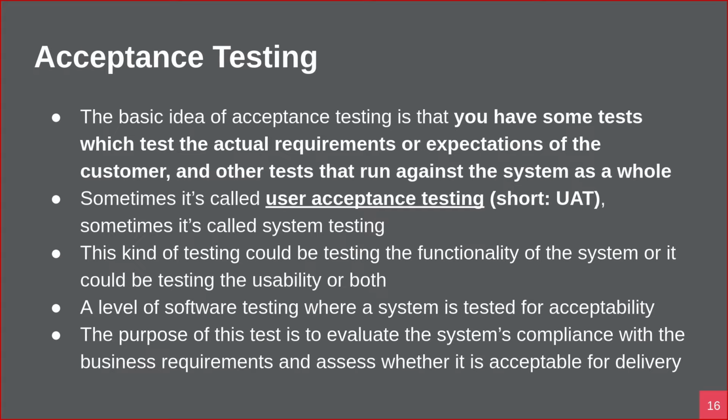So the customer wants a system that does this. Will they accept this? So testing the functionality of the system to see if it meets the customer's requirements. Okay. Now the purpose of this is to evaluate the system's ability to comply with the user's requirements, whether it's acceptable to deliver it to the customer.